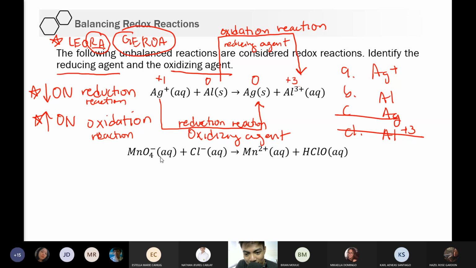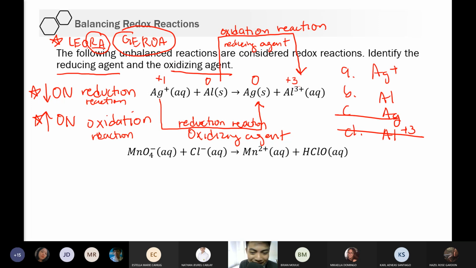So, last practice. Okay, last one. Bago tayo matapos, bago matapos ang ating pagbabuffer. Okay. Let's try this one. Permanganate, chloride ion, Mn2+, hypochlorous acid. Hala sir, paano yan? Ang daming elements.